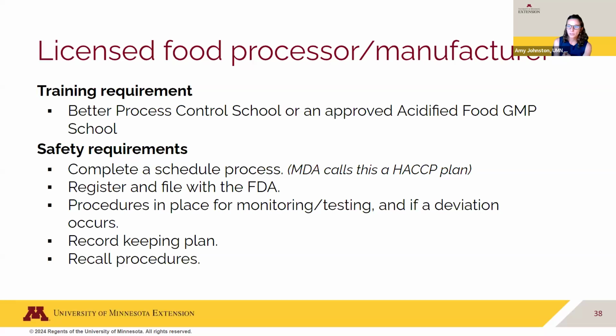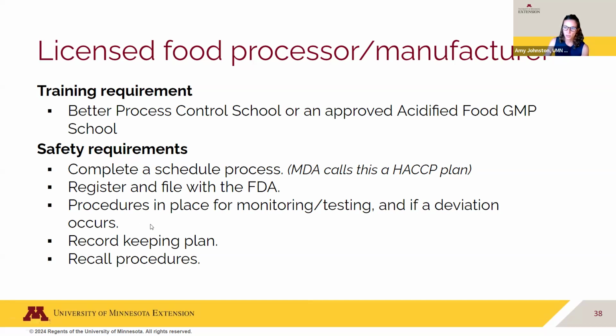And then there are some other requirements. You'll complete what is called a scheduled process. Minnesota Department of Ag calls this a HACCP plan. It's very similar to having your recipe and your final product tested. You'll register and file with the Food and Drug Administration.